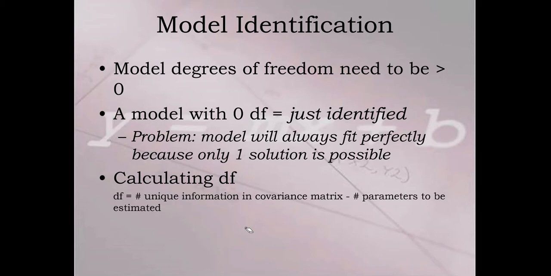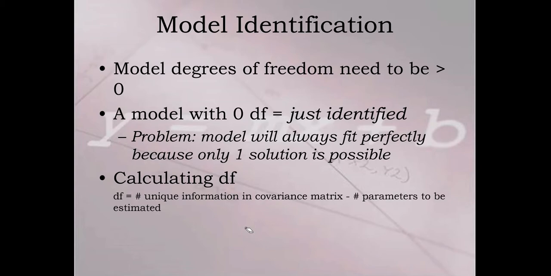So the model looks like it's a perfect fit, but it may not actually be perfect, just like Charmin may not be perfect, or AngelSoft, or whatever toilet paper you prefer. It's just that that's the only thing you allow the model to do. So we don't want just identified models, we want models with positive degrees of freedom, so we can figure out if they're actually good models or not.